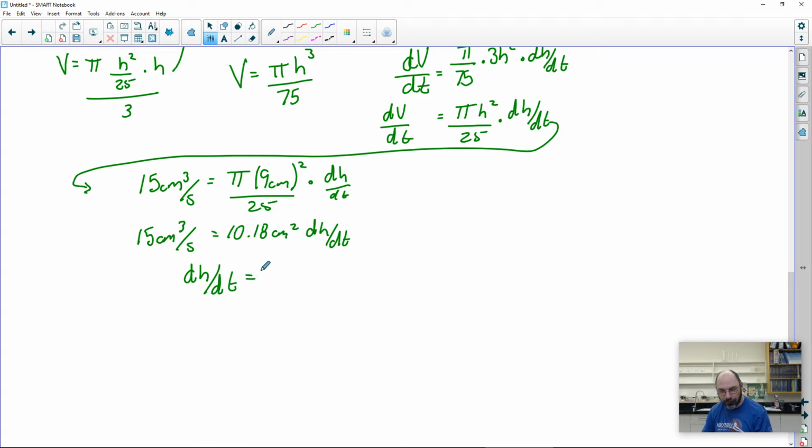We'll go to one decimal here: 1.5. And that centimeters squared cancels out a centimeter squared there. So you got centimeters per second. And that's the rate at which the filling of the glass is occurring. Okay. And that's our first example. That's relating the dH/dt to the dV/dt.